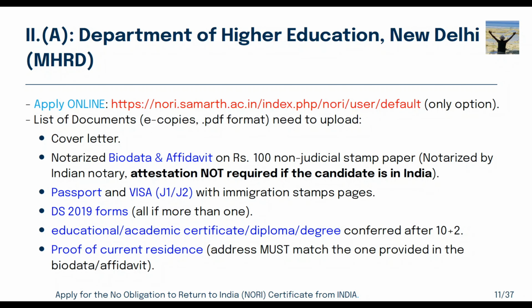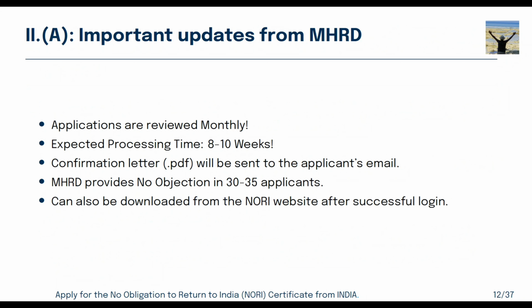Then proof of current residence, and this address must match the one provided in the biodata and affidavit. The applications are reviewed monthly, and it takes about 1 or 2 months. Confirmation will be provided later through email, and you can also download it from your NORI website.